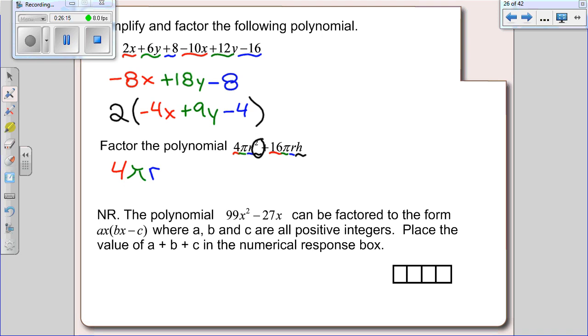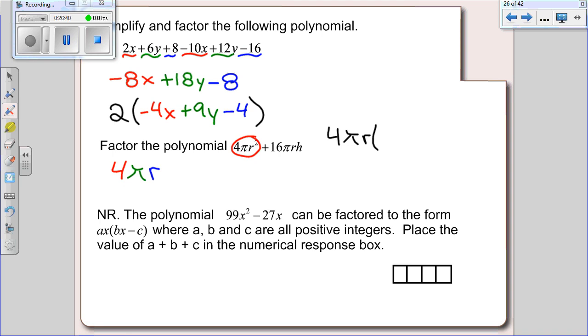r. Then I put a bracket, and I've got to figure out what's left after I divide out or remove my GCF. So this first one, if I went 4 divided by 4, that would give me 1. If I went pi divided by pi, that would give me 1 as well. And then if I went r squared divided by r, that would give me a single r.